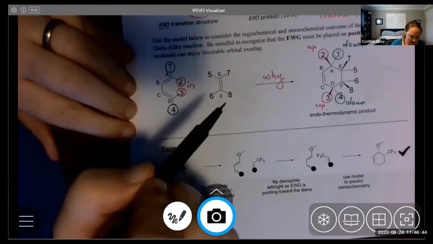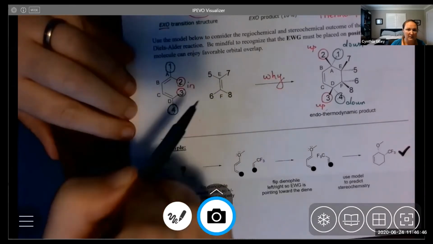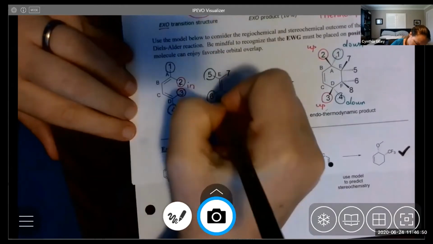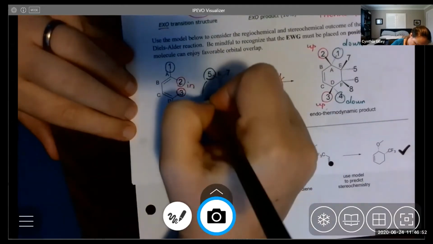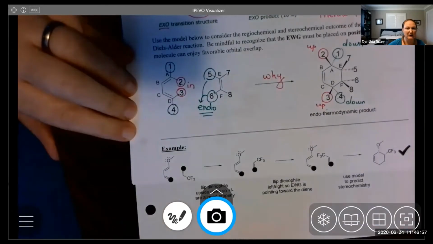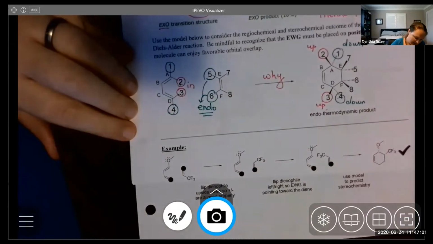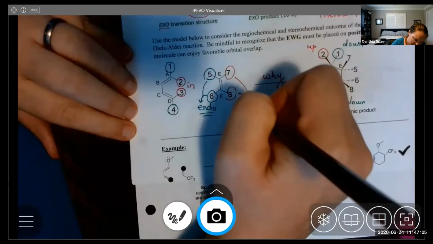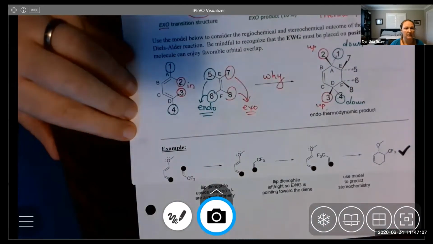Okay, so what's going on with the dienophile? What can we remember about that? These groups are what we call the endo groups. Those are the groups pointed in with respect to the dienophile. Whereas out here, I would call these exo groups. They're pointed out with respect to the dienophile.